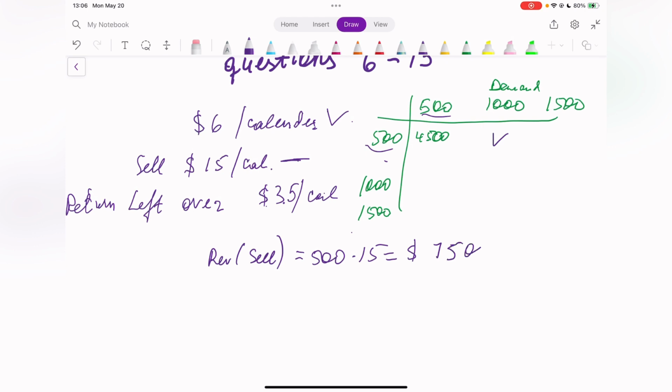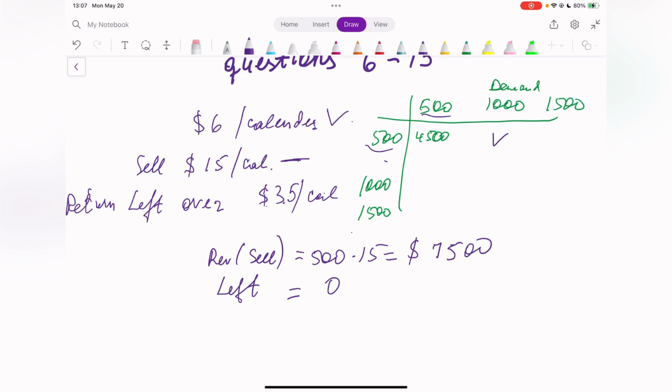Do we have leftover? No, because demand is too many but supply is not enough. So leftover is going to be 0. We will sell all 500 that we can provide.